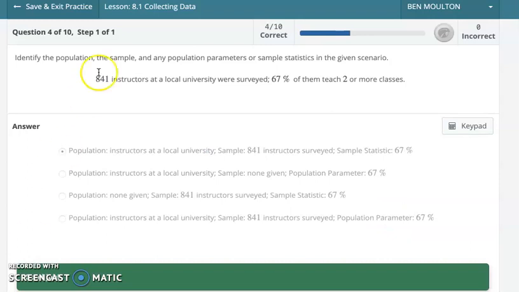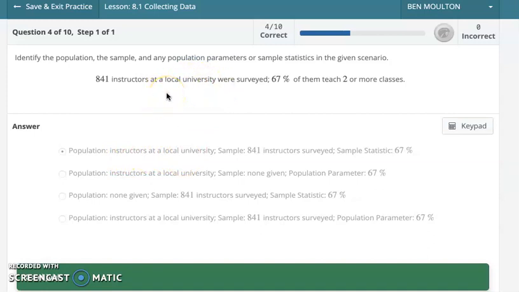Now I nailed this next one. 841 instructors at a local university were surveyed. 67 of them teach 2 or more classes. So we want to know what the population is, what the sample is, and what the sample statistic is, or if it's a population parameter. Your population will be instructors at a local university, because it kind of tells you that.